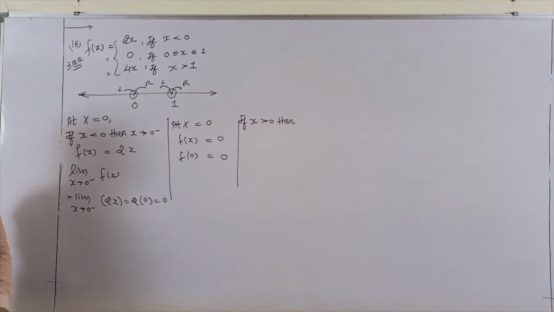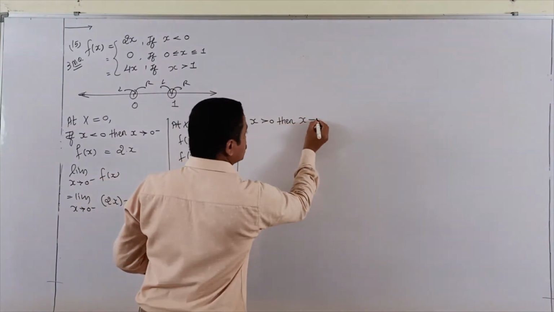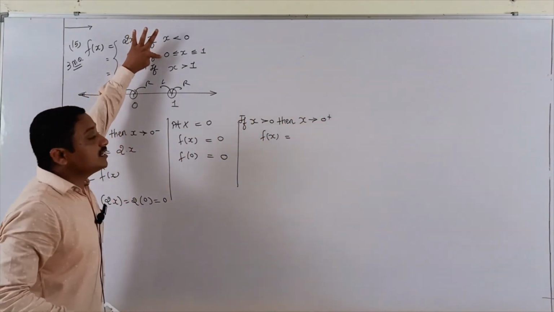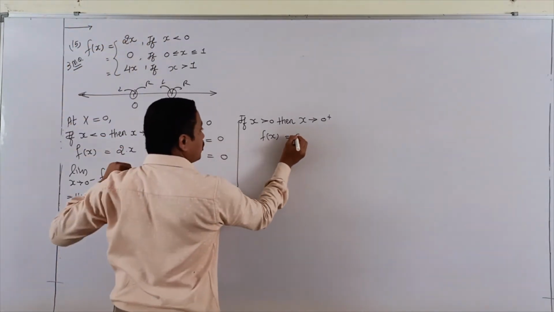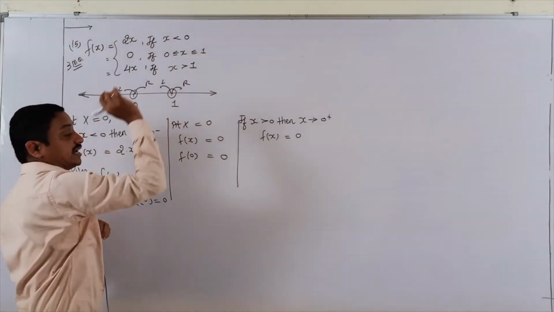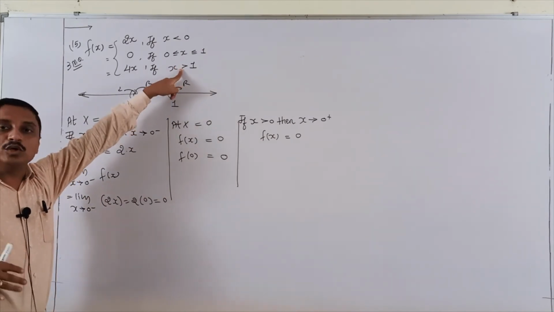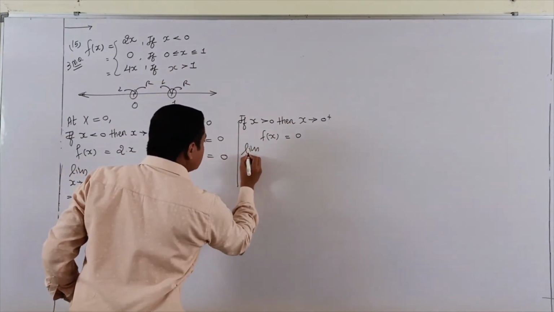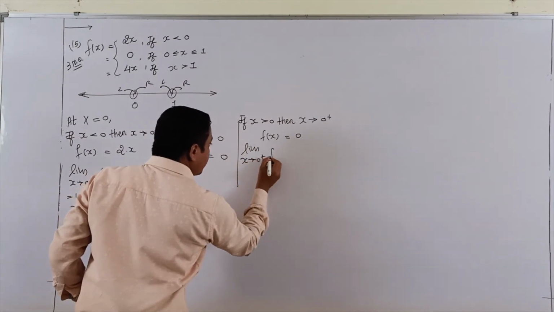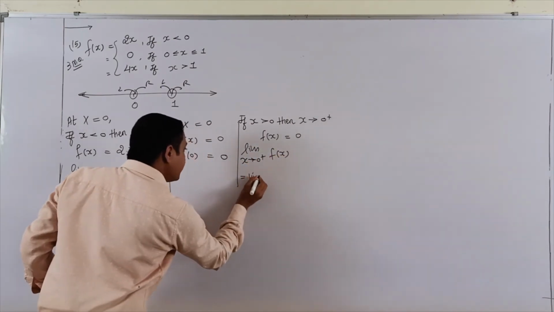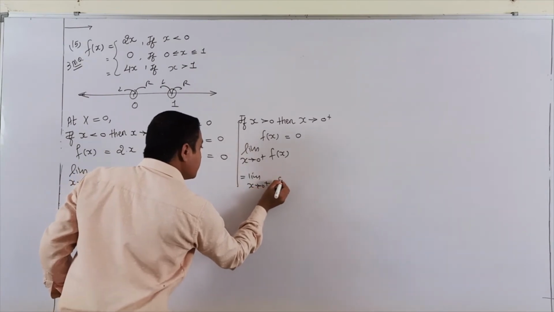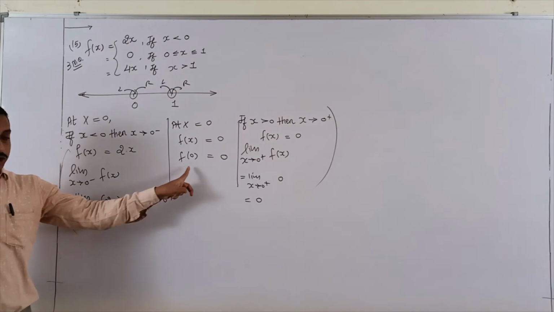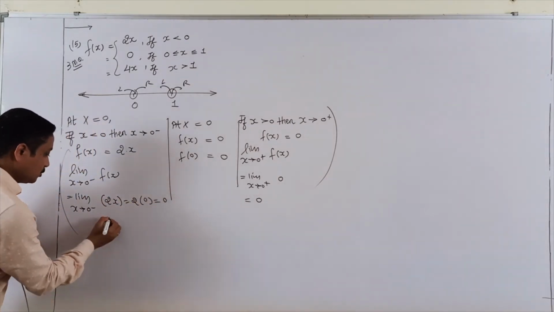And last case, if x more than 0, then x tends to 0 positive. What is the function? Yes, the middle one, because here it is given 0 to more than 1. The third case is more than 1, it is different. So limit 0 positive, value of it, and finally for all values 0, 0, 0.